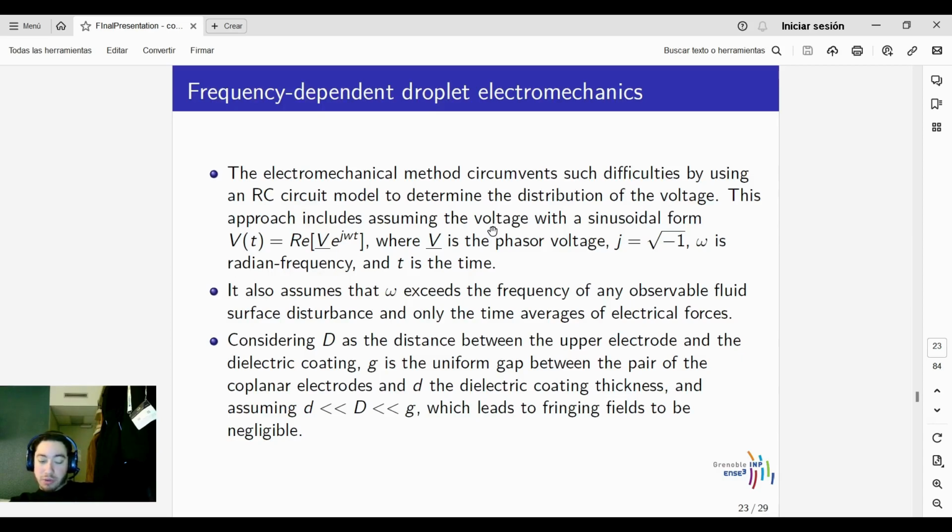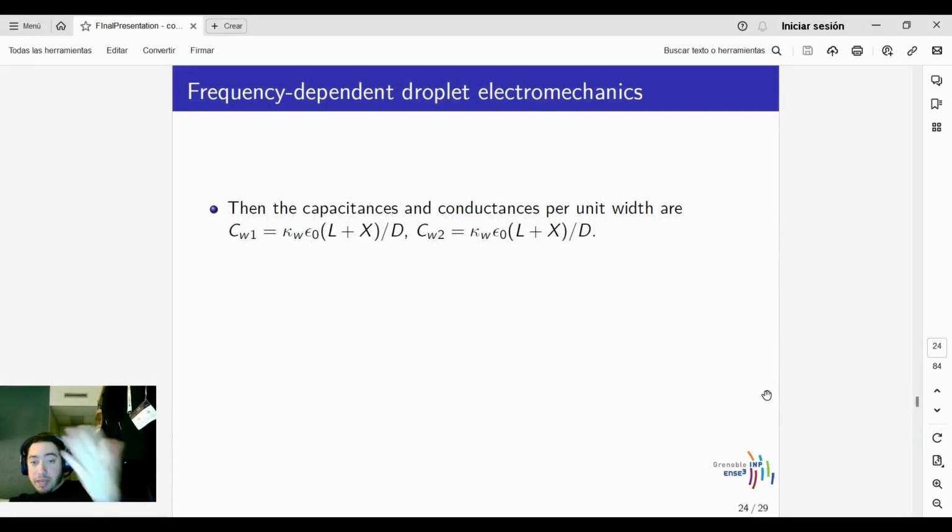So at the end it will mean that the fringing field is negligible, and we can compute the capacitance and conductances per unit width. For example, the capacitance we can compute as we can see here, just as we showed before.